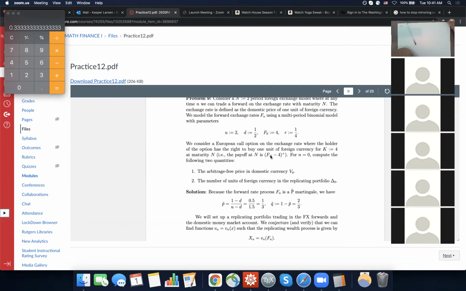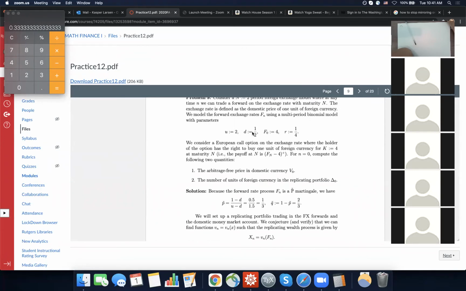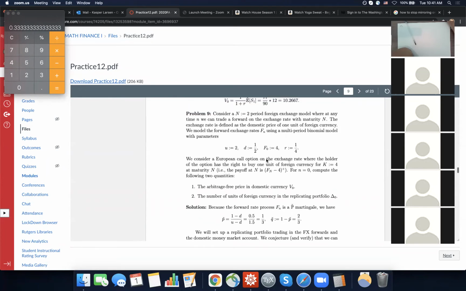So the underlying now is this forward, and again we're being asked to compute the price of the call option and what's the replicating portfolio in this specific example. So let's try to work this out.